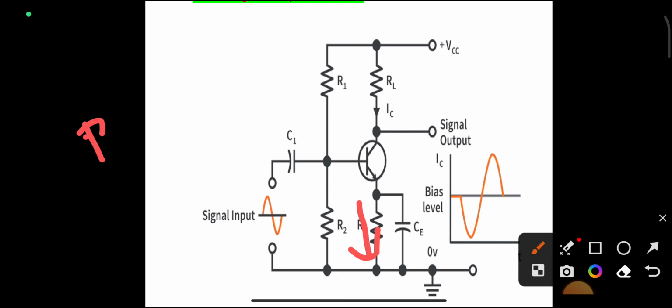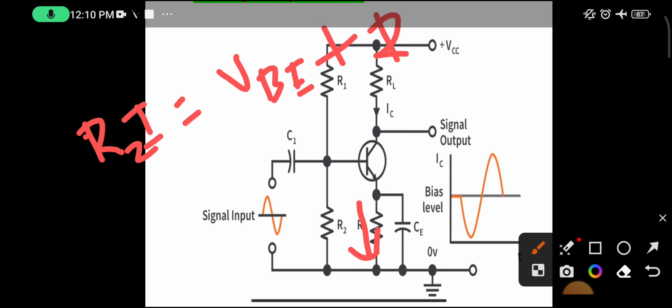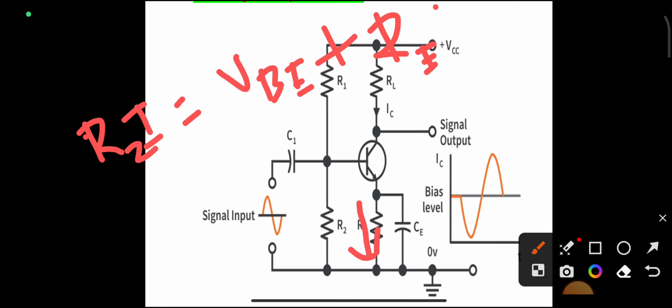So R2 times I is equal to VBE plus RE times IE.